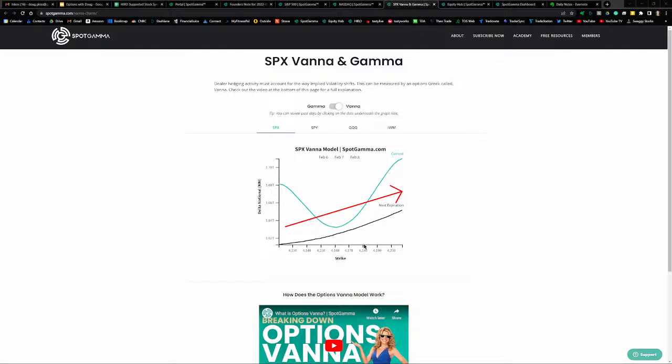And that's the Vanna effect, the change in delta as implied volatility changes. So according to SPX here, the S&P 500 is in a positive gamma environment, and market makers should be trading against price, which will tend to reduce volatility.